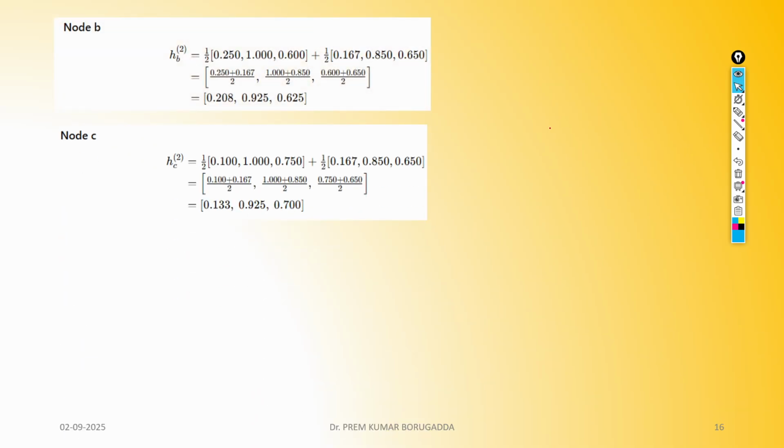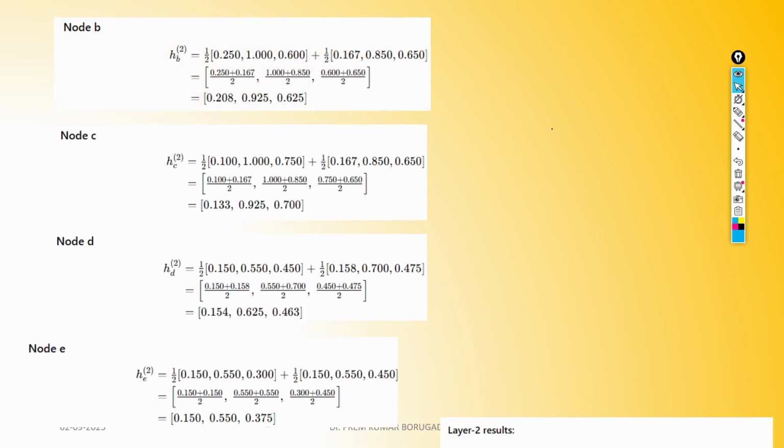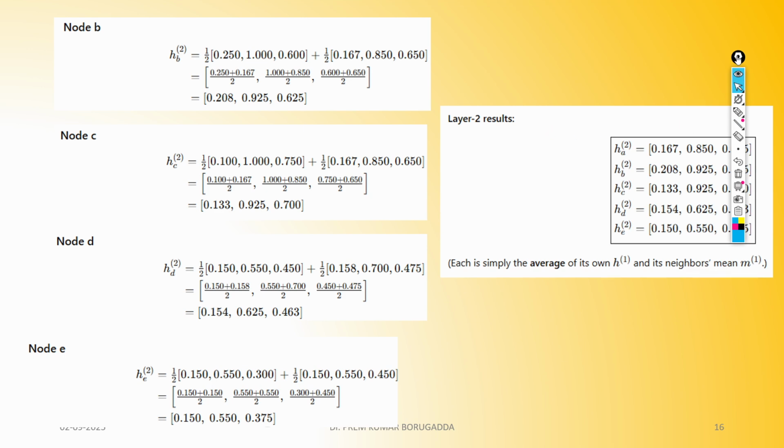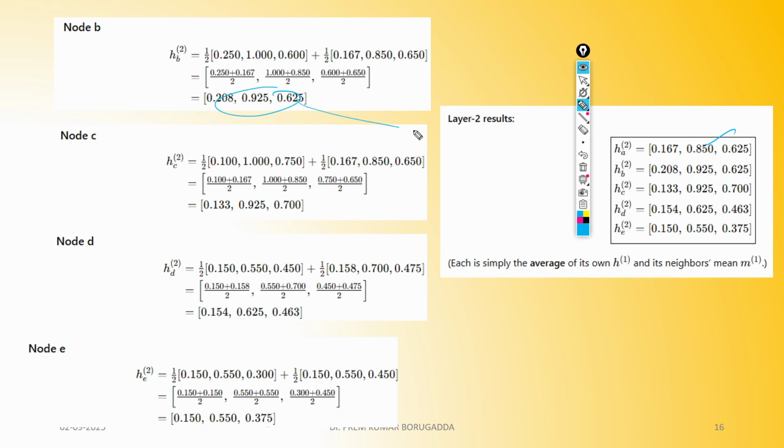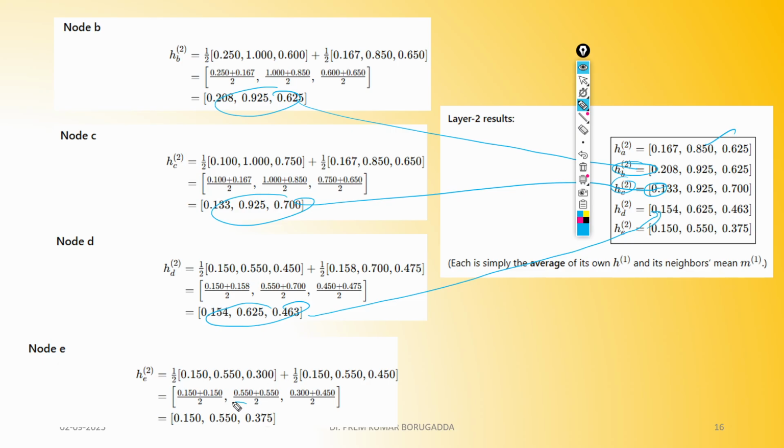Next for node B, node C, node D and node E, and finally the result is like this. For HA2, this is the value. For HB2, this value, and HC2 means this value, and HD2 this value, and HE2 means this value. So each one is simply the average of its own H1 and its neighbor mean, Mi1.